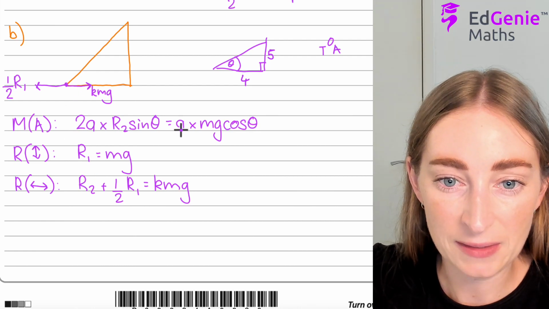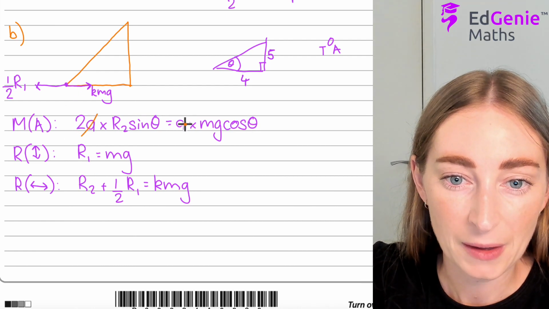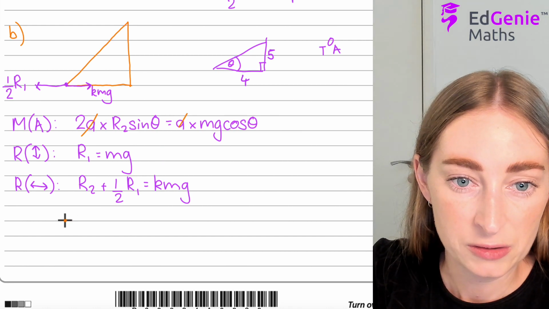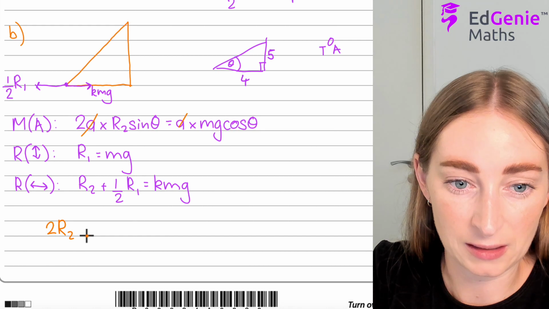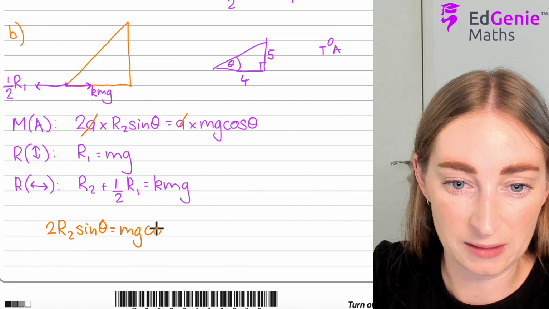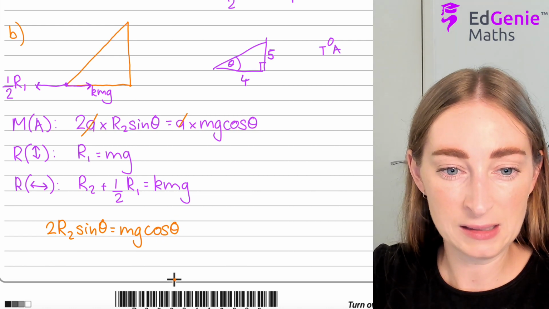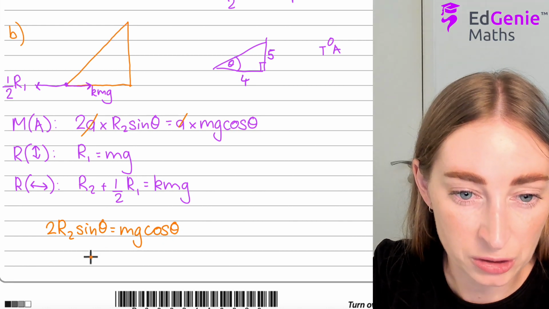Right, looking at this, let's divide everything by a. We are going to have 2 R2 sine theta equals mg cos of theta. Then we want R2 to be the subject.